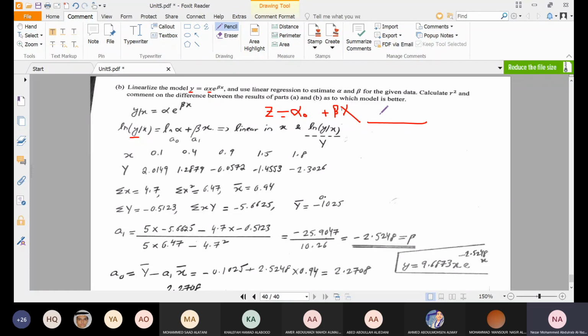So you will have here the x column and the y column. Here I have the y over x column. Then, to find z, it will be ln of this term, y over x. And this is z, and x is the same. Now I will build this table.